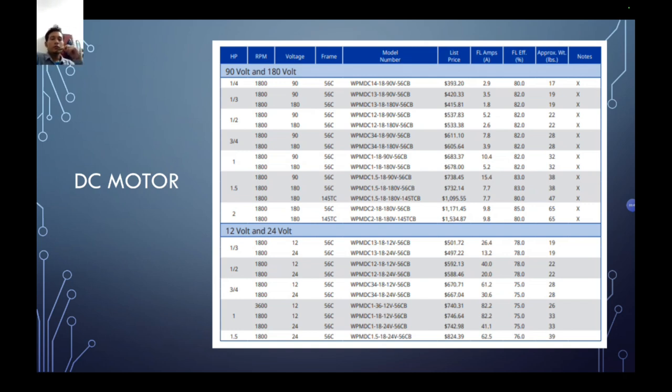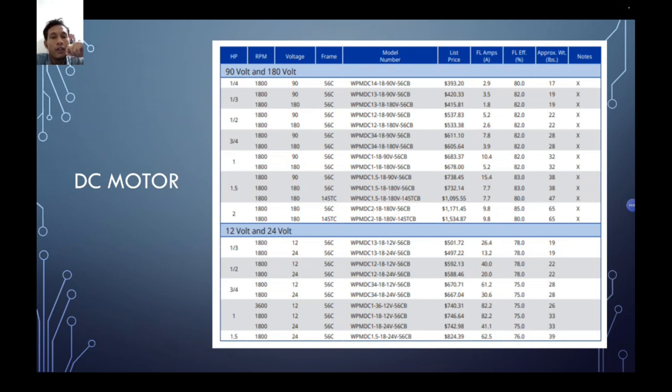For the 12 volt DC motor, I will choose the half horsepower. Its RPM is 1800.